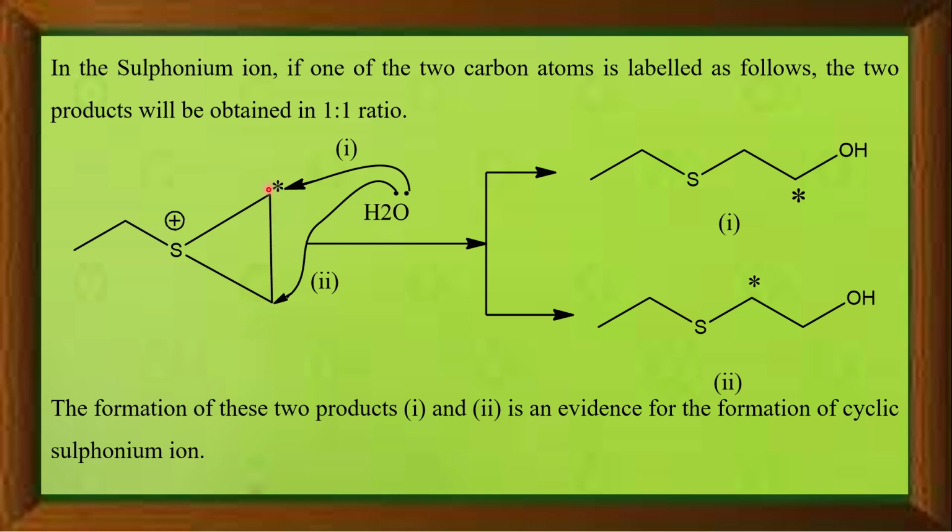The attack at carbon 1 as well as carbon 2 have equal probabilities. Therefore, we end up with two different products, one in which OH is connected to the labeled carbon, another in which OH is connected to the unlabeled carbon. So this is evidence for the formation of a cyclic sulfonium ion intermediate by neighboring group participation.